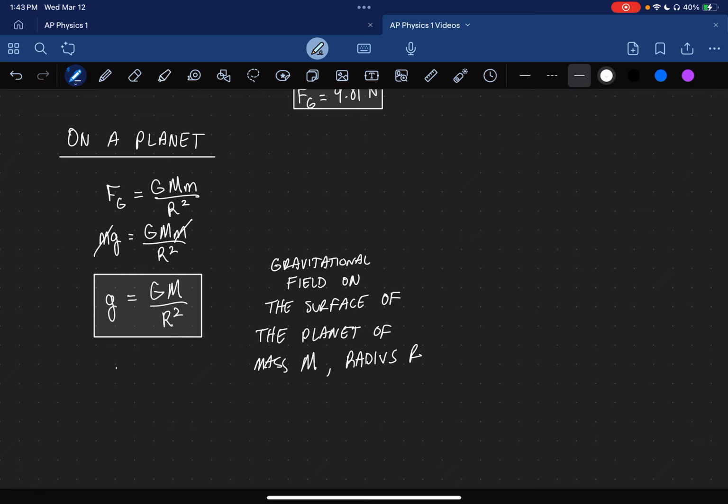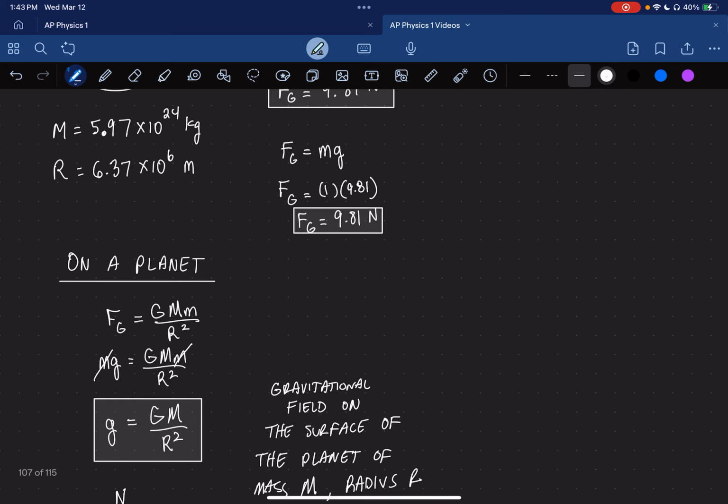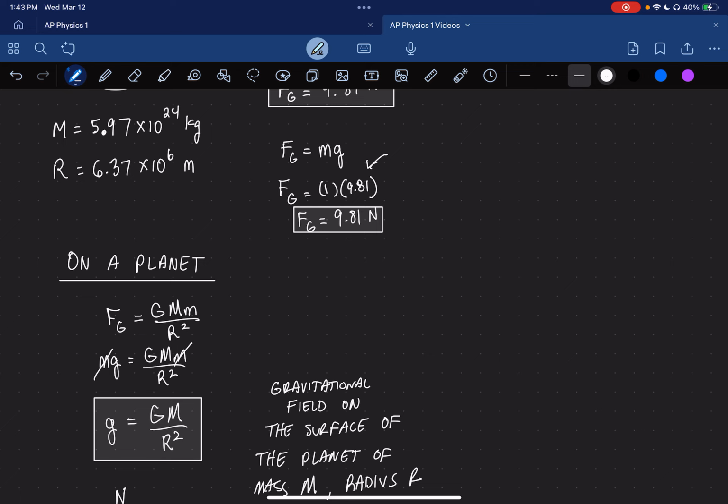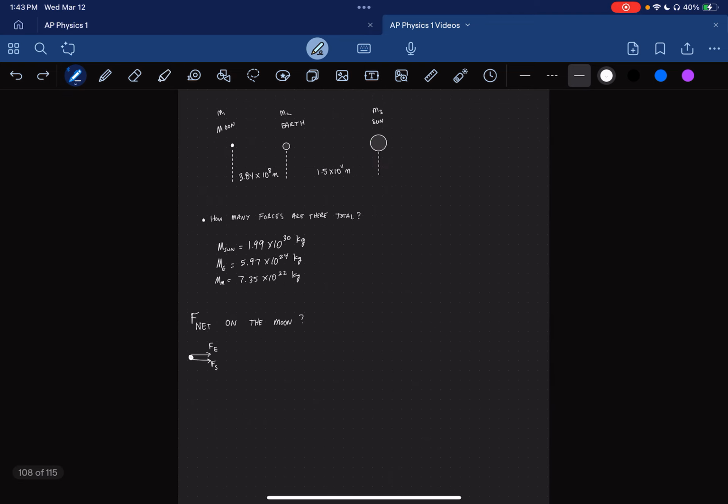The units for little g are newtons per kilogram. Newtons per kilogram. So that would be the units of that right there. Oops, a little g. Anyway, let's keep going.